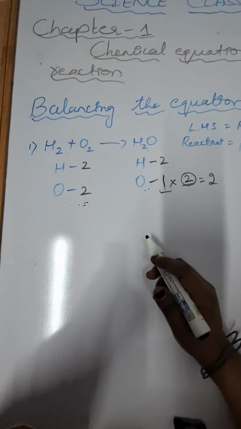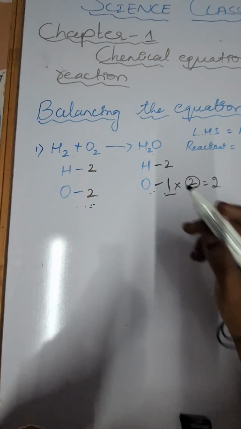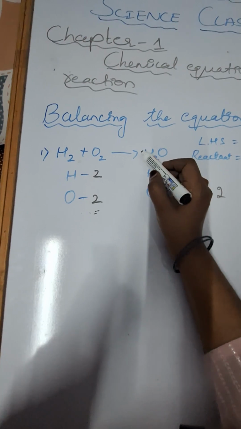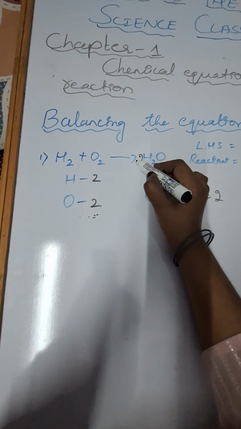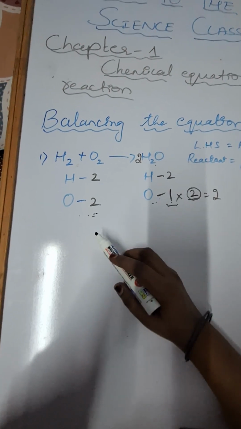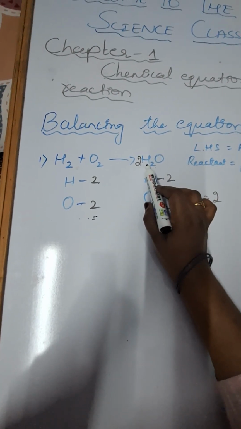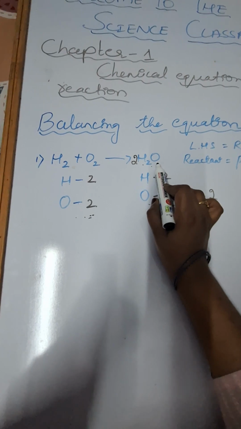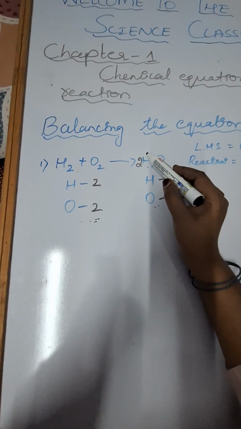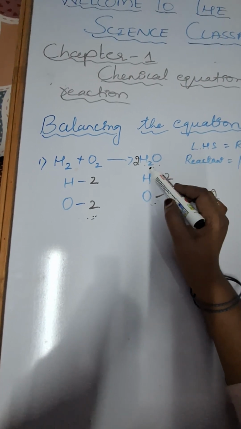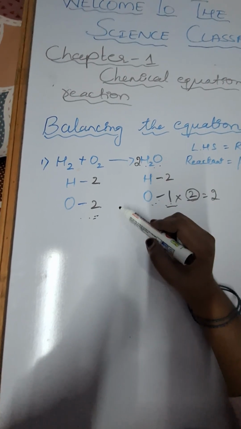Now where are you supposed to add it? Where are you supposed to keep it? Here, this place, before hydrogen. If you add it here, this is for both hydrogen and oxygen. Like in mathematics, you will learn whole square. Similarly, here also it's a whole 2.